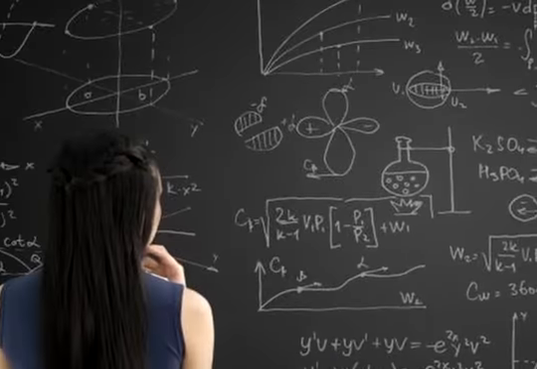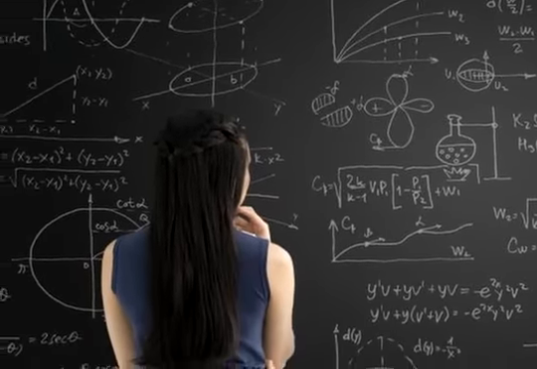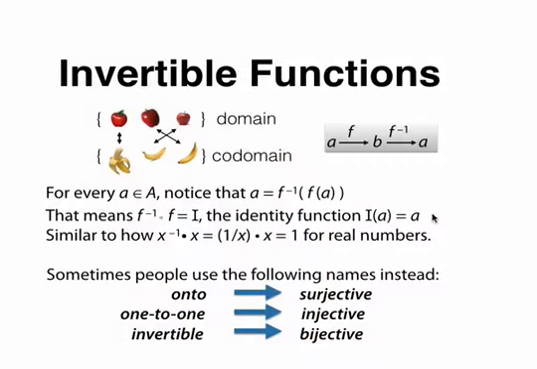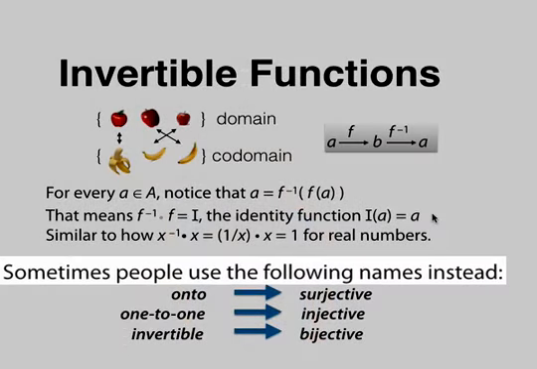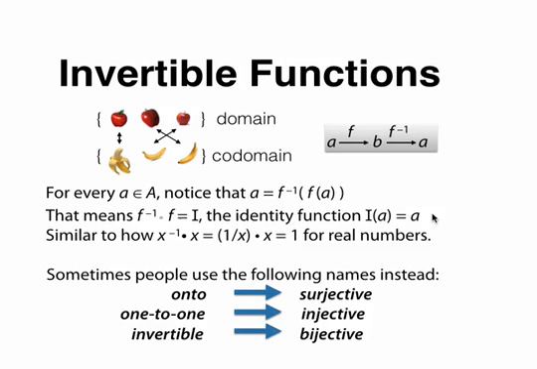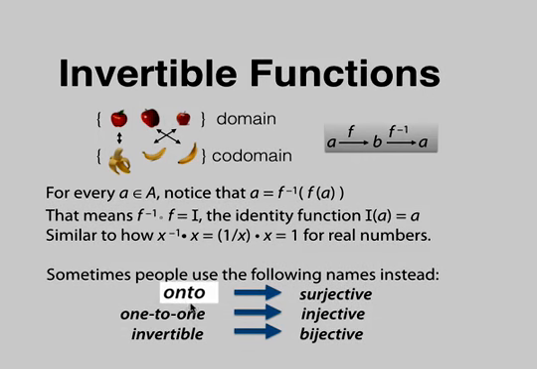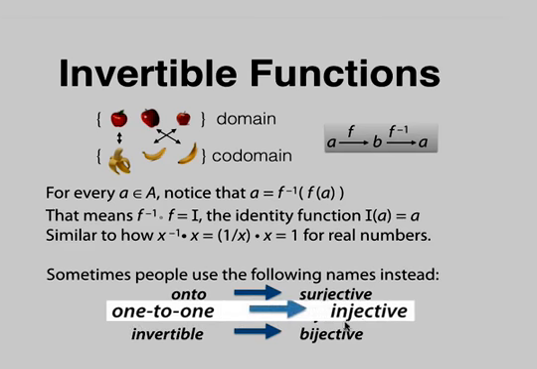Now, when you study this topic in school, sometimes people use different terminology than what we've used here. I personally think that the terminology here is pretty clear, but just so you're aware, if a function is onto, some people call it surjective because it covers the whole codomain. And one-to-one functions are called injective because they're kind of injecting the apples one-to-one into the bananas.